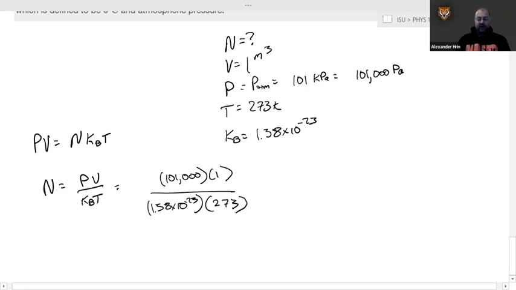And you're going to get something in the ballpark of 10 to the 26th, I believe. So 10 to the 26th is a rough order of magnitude for human-scale amounts of gases. That's roughly how many molecules you're dealing with in that context. Okay, so those are the two examples.